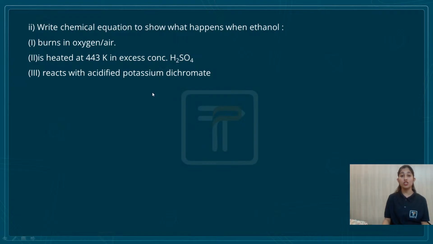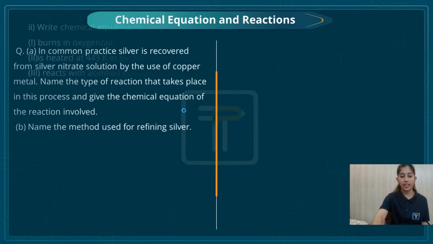It is a good fuel, so it will release energy. And what else will it release? What will form? What are your products? Your products are going to be carbon dioxide and water. Writing the reaction is also necessary. Give me a moment.